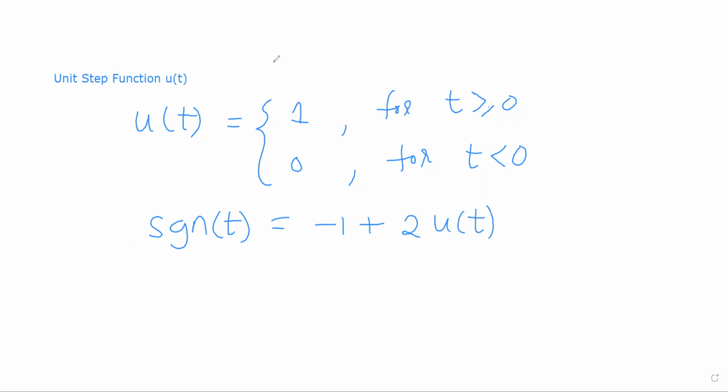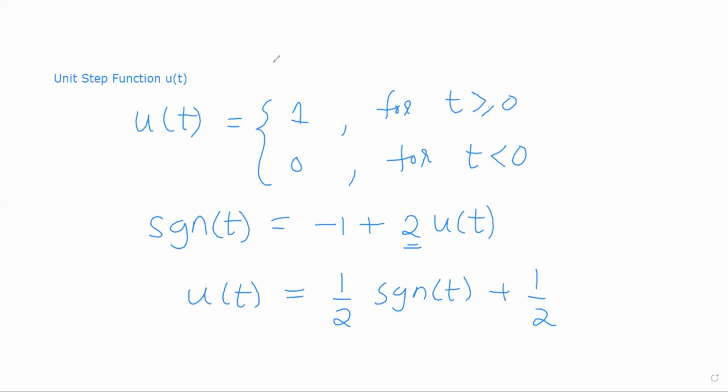This is the relation between the signum function and the unit step function. By taking minus 1 to the other side and dividing by 2, you can write u of t equals half of the signum function plus half. So this is the relation between the unit step function and the signum function.